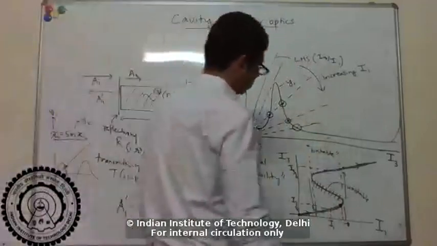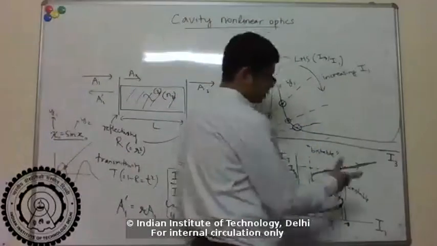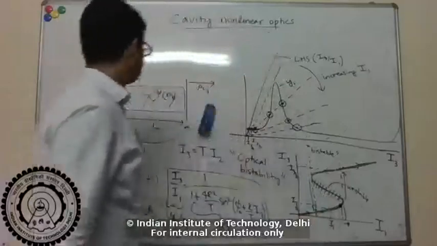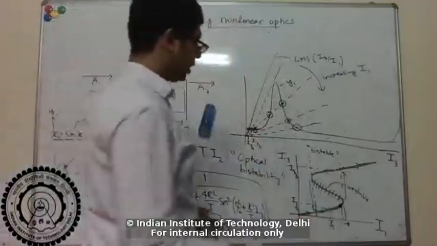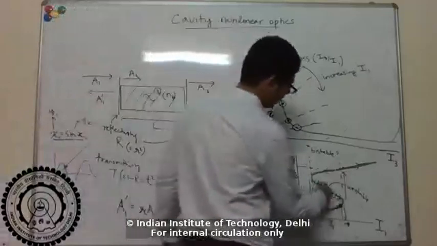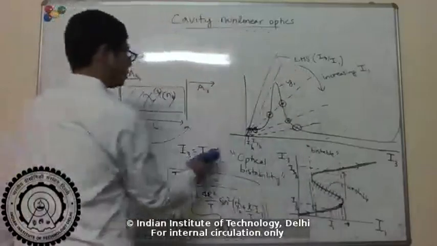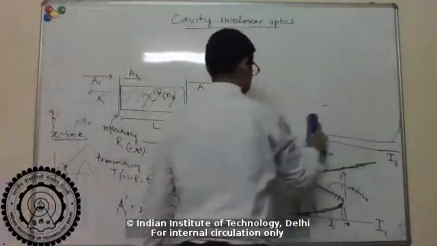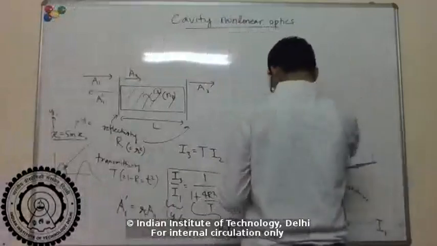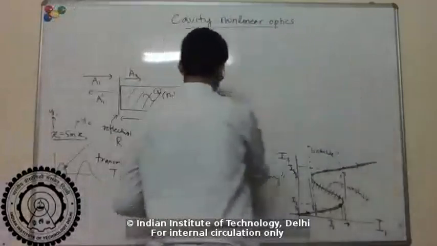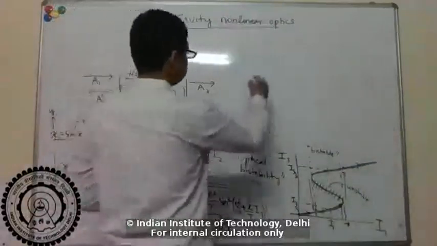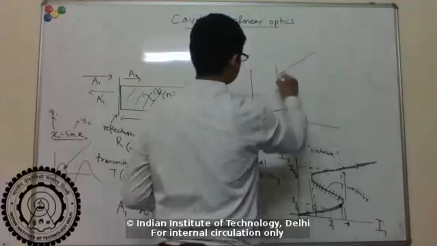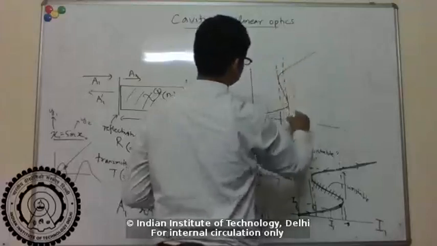And ideally, if you want to use this as a switch, for example, turn the output on and off using the input, then what you want is this region to be very thin, right? So ideally for switching, you want something like that, right?